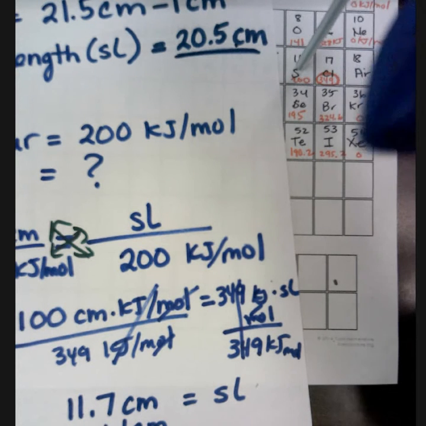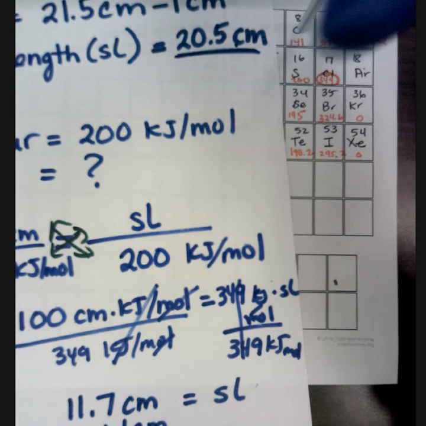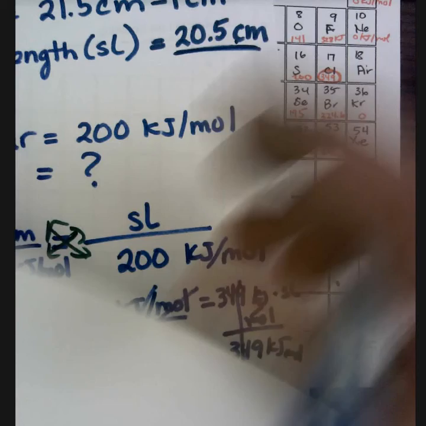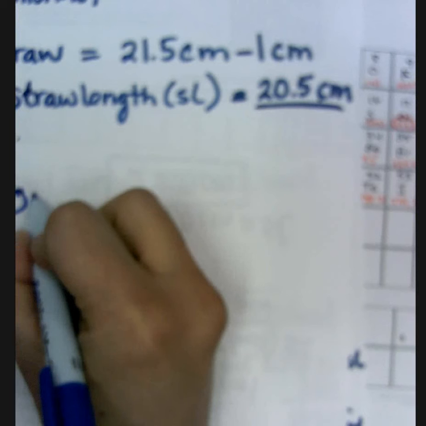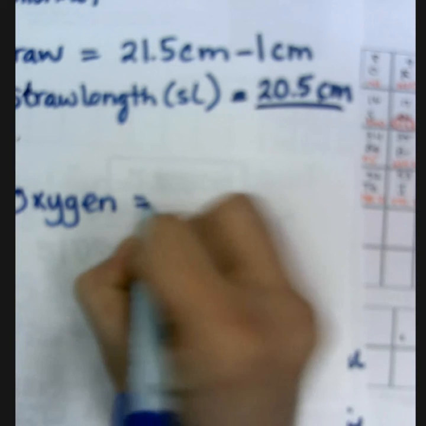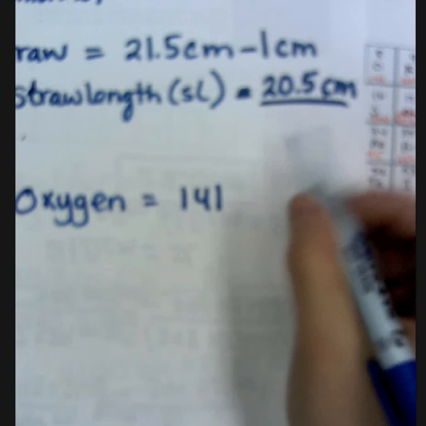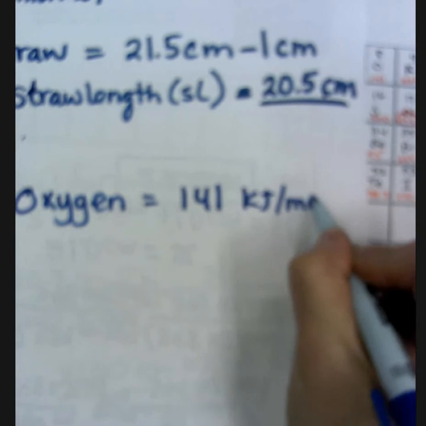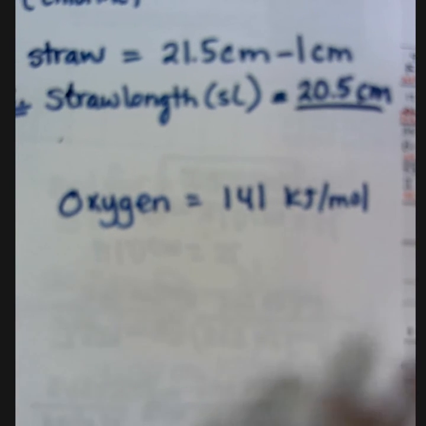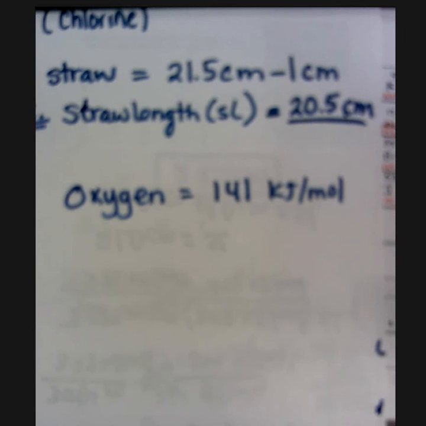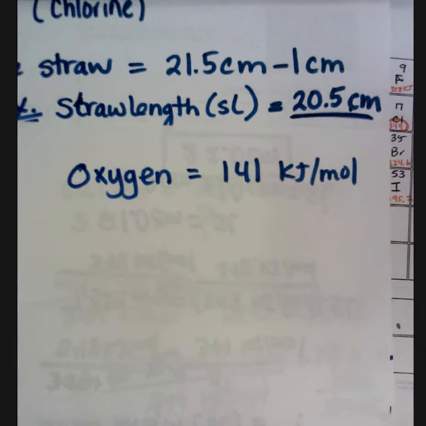I'll choose oxygen now. Same thing, I'll look at oxygen. Oxygen has a value of 141. It's a little blurry, but there we go.